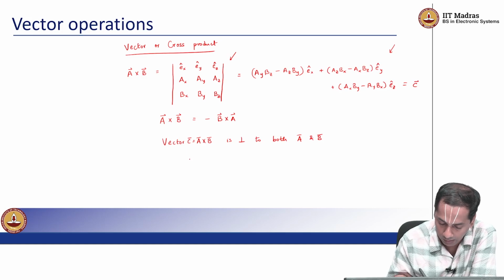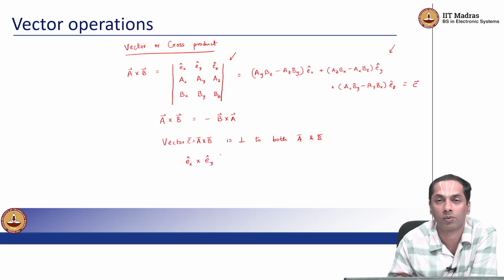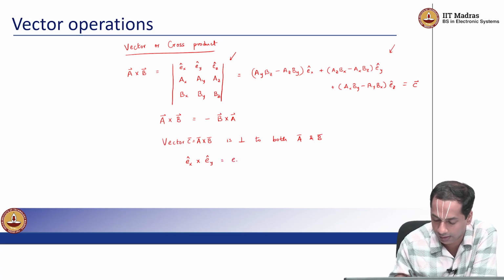So in the case of the rectangular coordinate systems, if I look at the unit vectors Ex and Ey, and take the cross product in the order of the ordered triplet Ex, Ey, Ez, the cross product of Ex and Ey gives me Ez.